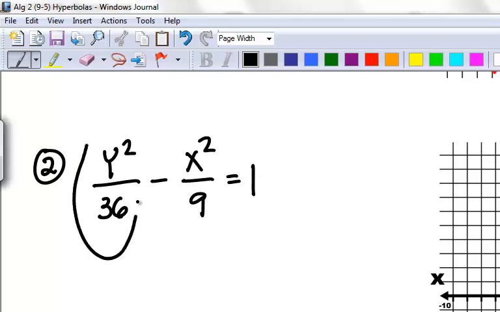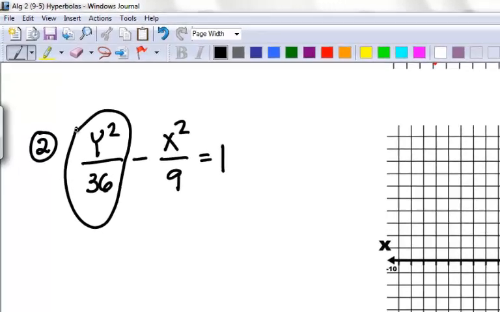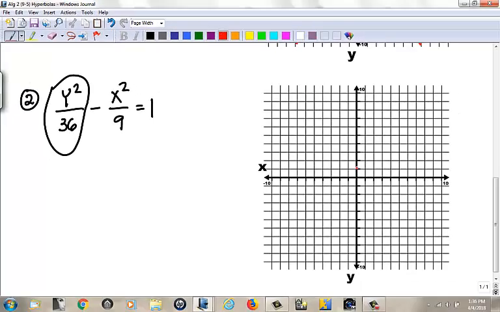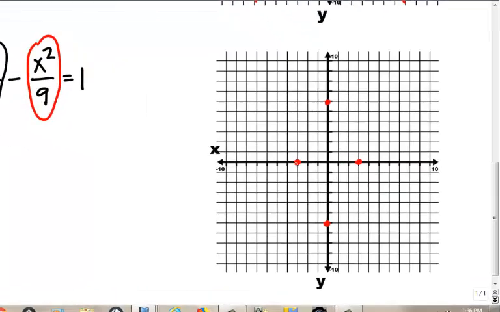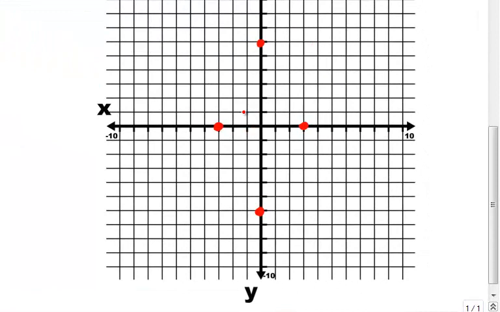This says go on the y, go up 6 and down 6. So I'd go up 6, plot a point, go down 6. Okay, and then this says on the x, take the square root of that bottom, so it'd be 3 to the right, 3 to the left. Take those 4 points and draw in your rectangle.